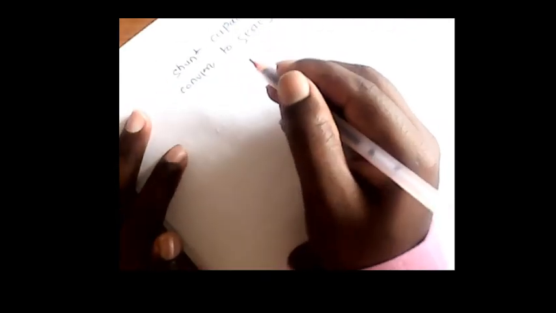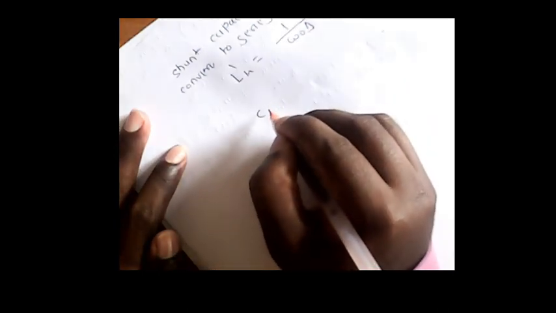Now the shunt capacitor. The shunt capacitor of the low pass prototype, when converted into a series LC circuit, gives new component values: inductor L dash k equal to 1 upon omega 0 delta Ck, and C dash k equal to delta Ck divided by omega 0.